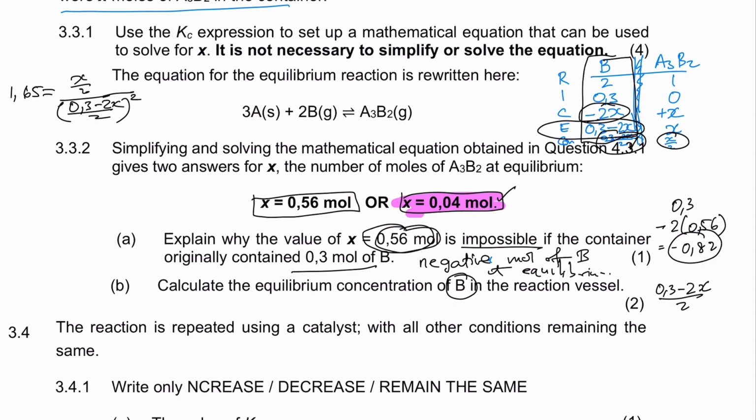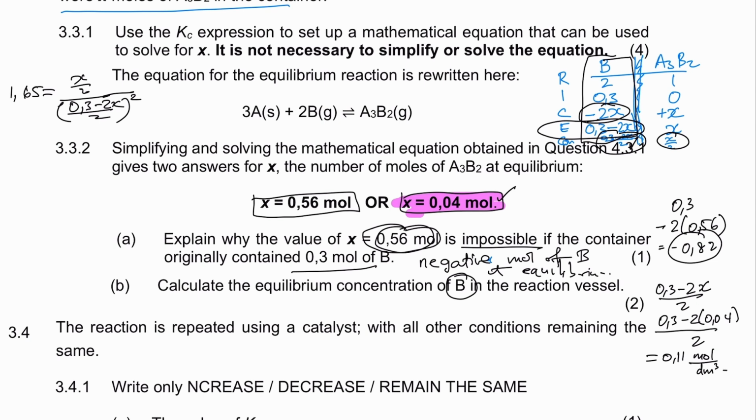So 0.3 minus 2 times 0.04, divided by 2. Let's put that in our calculator: 0.11. So 0.11 moles per dm cubed.